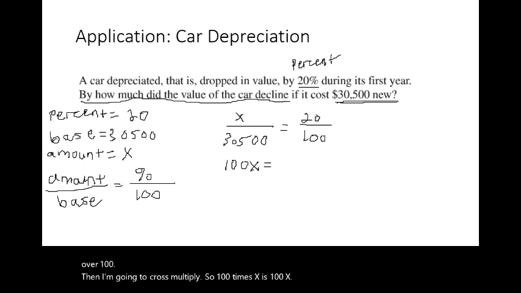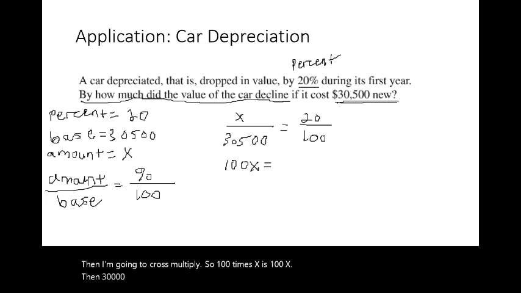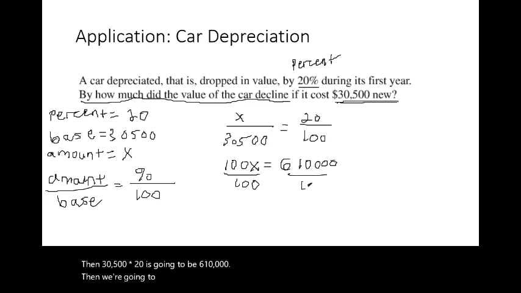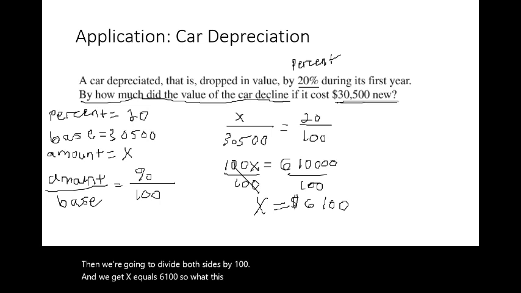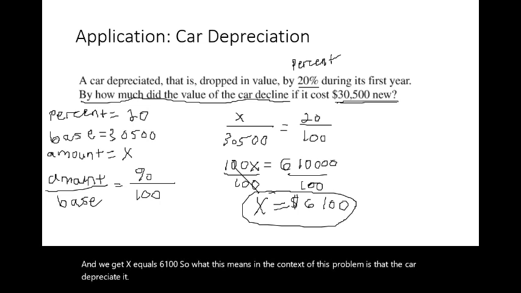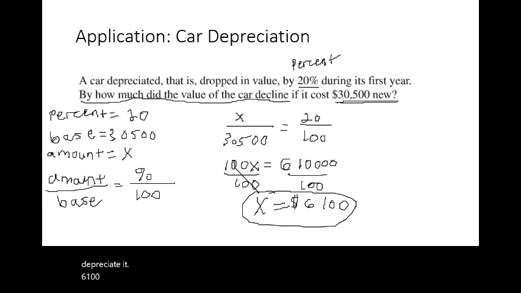Then 30,500 times 20 is going to be 610,000. Then we're going to divide both sides by 100. And we get X equals 6,100. So what this means in the context of this problem is that the car depreciated $6,100. So its value decreased by $6,100.